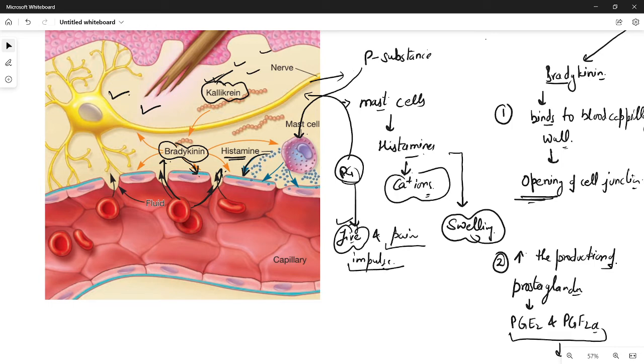Mast cells also release a small molecule along with the histamines, known as arachidonic acid.